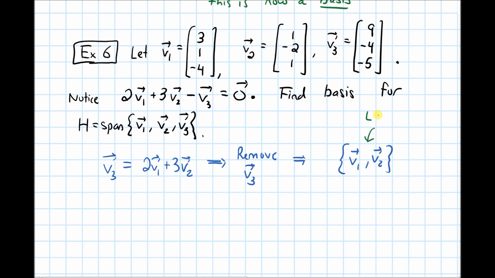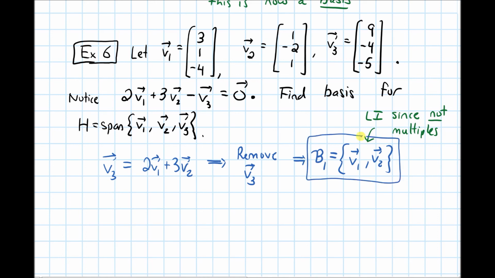So this set is linearly independent since with two vectors, we just worry about whether they're multiples, and these are not multiples of each other. So this set, after I remove v3, is linearly independent. So the spanning set theorem, our argument from earlier, said, well, once I removed enough vectors to end up with a linearly independent set, that is our basis. So I'm going to call this script b1. So this is definitely one basis.